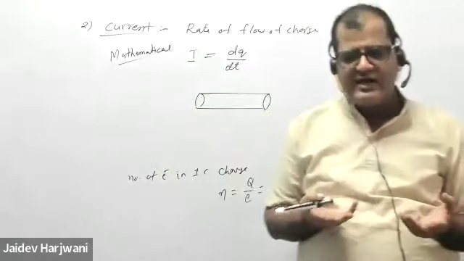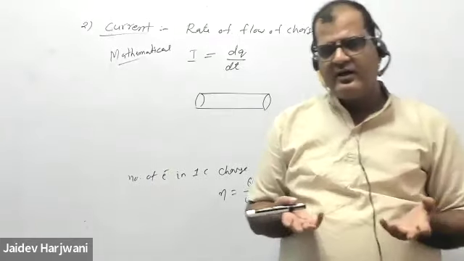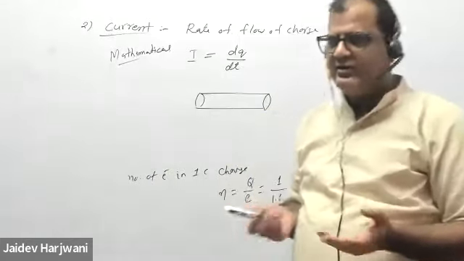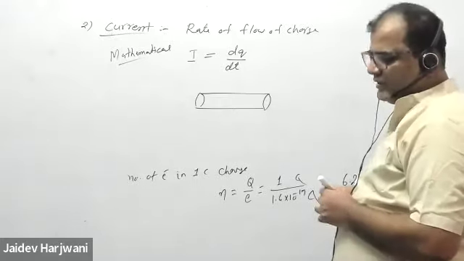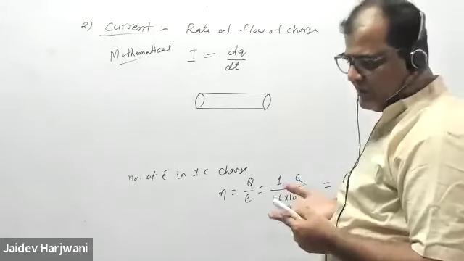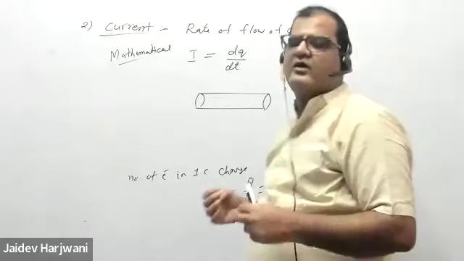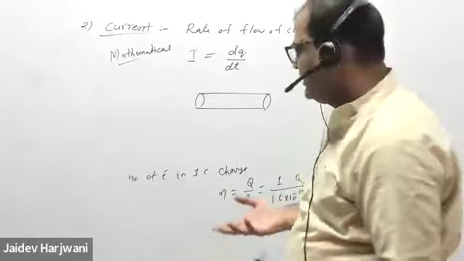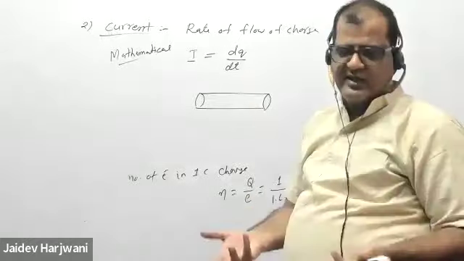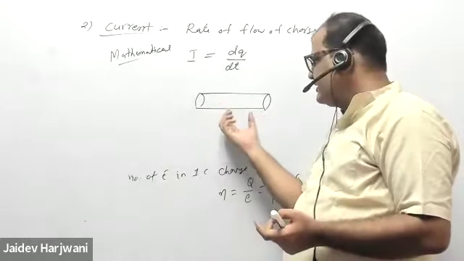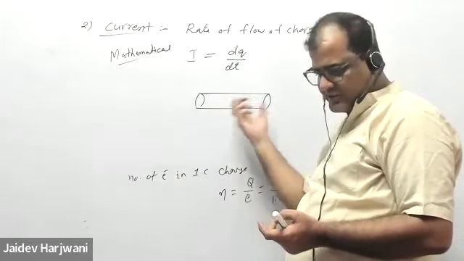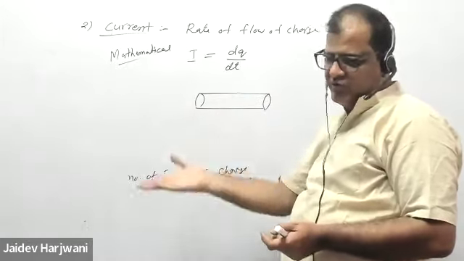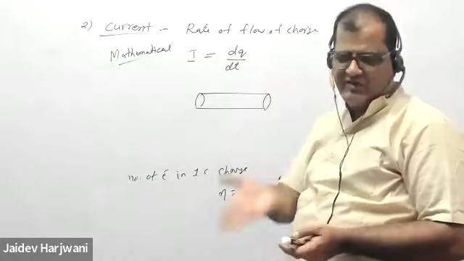You have to apply an electric field. You can create an electric field only by creating a voltage gradient. Until you create a voltage gradient in some section of this conductor, you cannot force the electron to move.